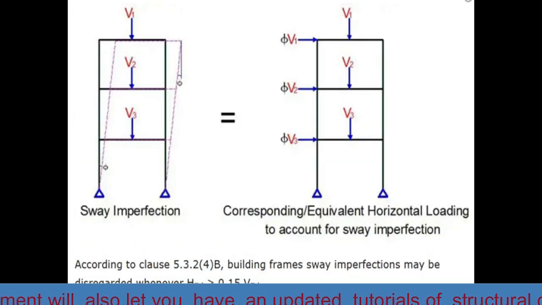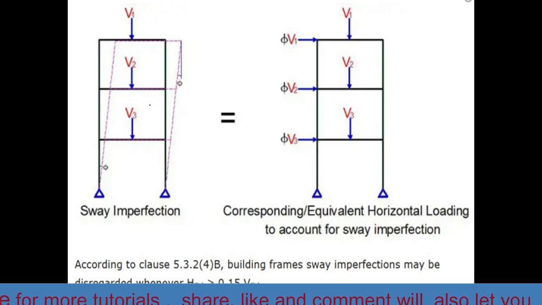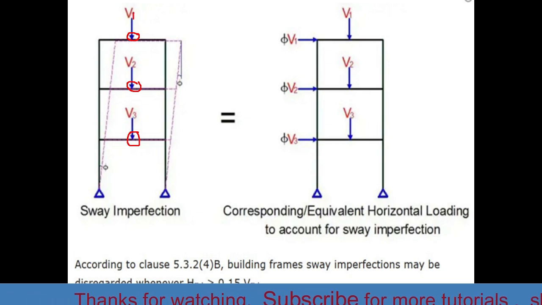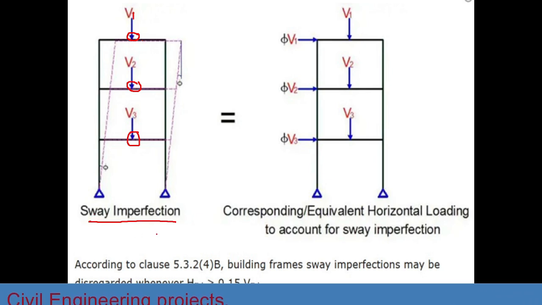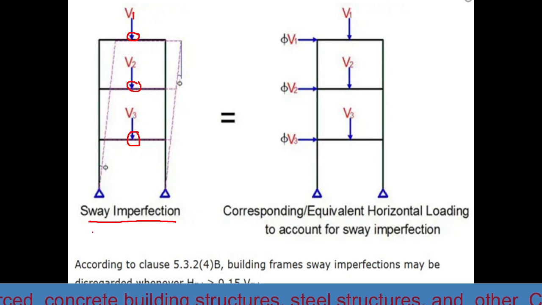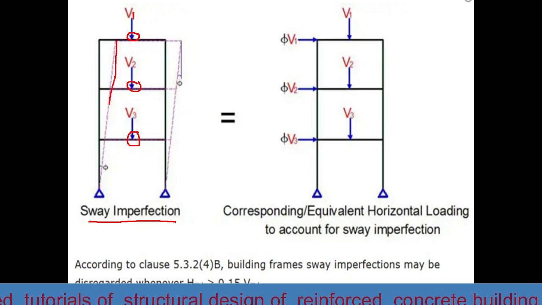Suppose here we have a G plus 2 building. We have gravity forces V1, V2, and V3. So there is sway imperfection in this structure. Due to the sway imperfection, the structure is shifting just like this.